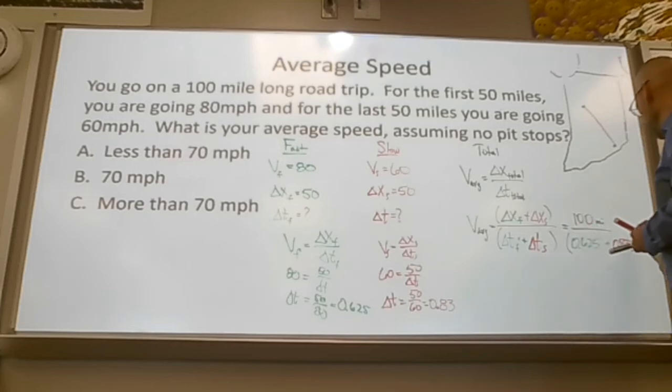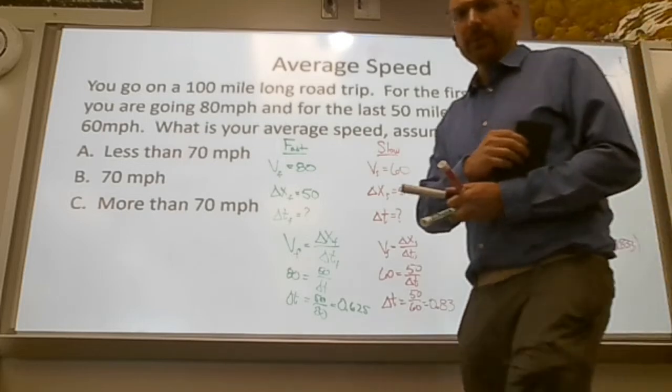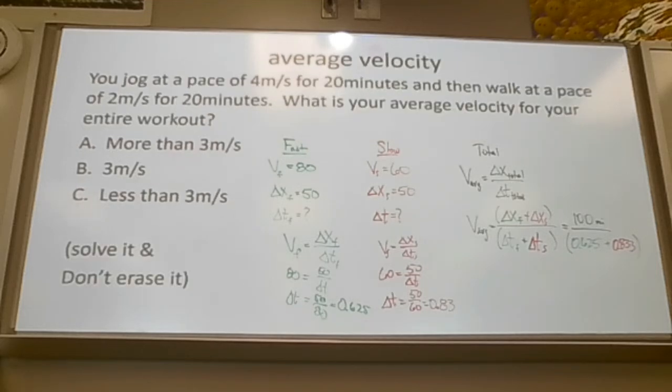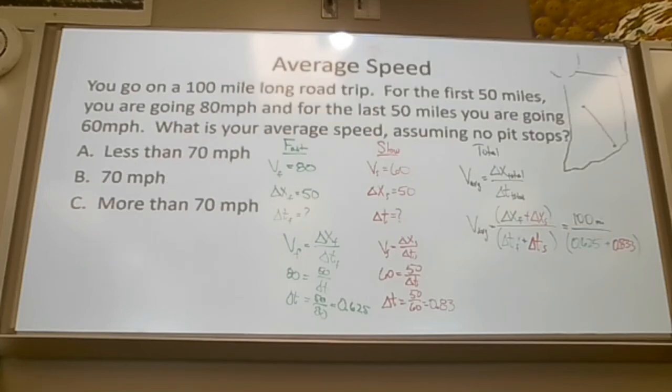Before we find out the number, because we can all do that on a calculator, I'm going to ask you a question. In the last problem, the answer was 3 meters a second. The reason it was 3 meters a second, just the average of the 4 and the 2, is because they were traveling for equal amounts of time. So you can just straight up find the average. In this problem, were they traveling for equal amounts of time?